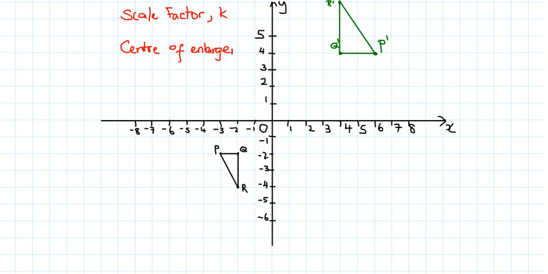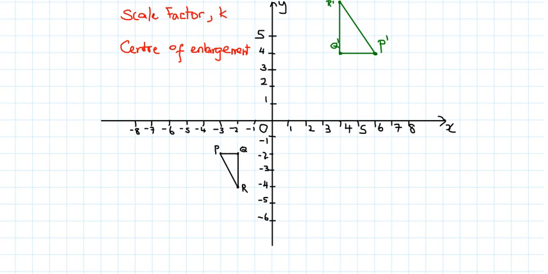Alright, so let's just talk about the enlarged shape. Based on what you all observe, can you tell me what you think the scale factor might be? Alright, so 2. It's correct. It's 2.